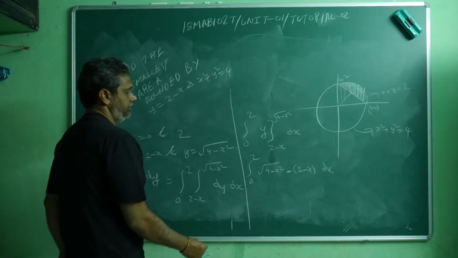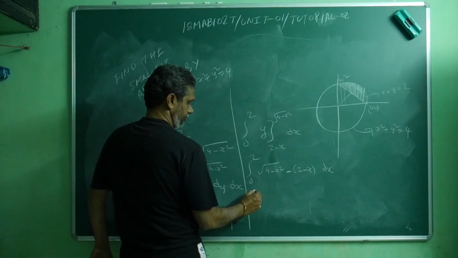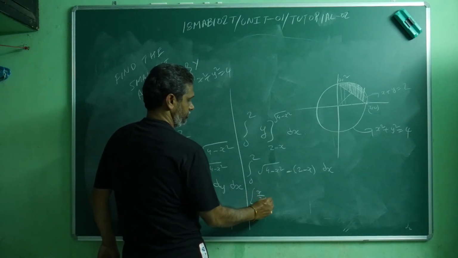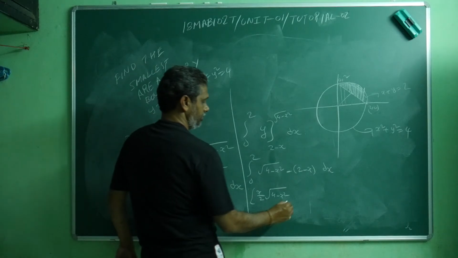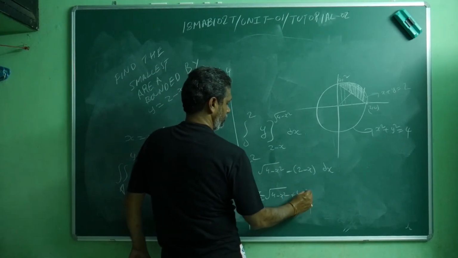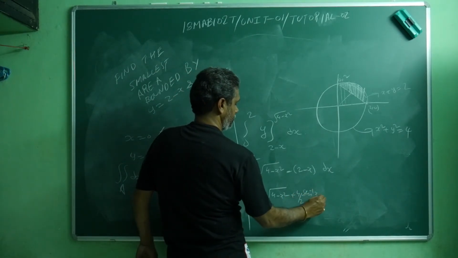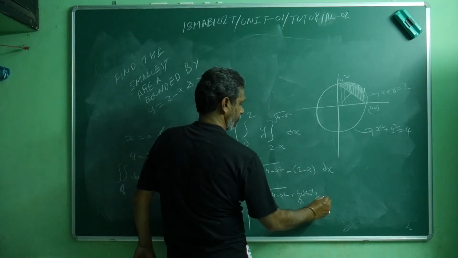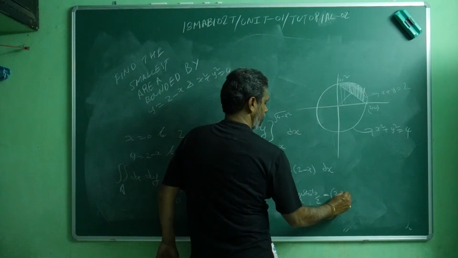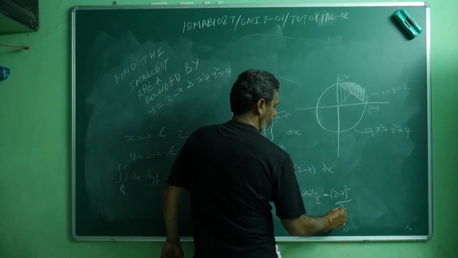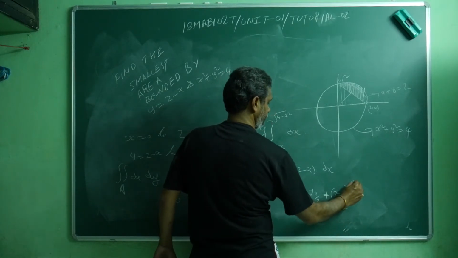Now again integrate: same thing, the formula x by 2 into root of a square minus x square, plus a square by 2 into sine inverse x by 2, minus of this. I will write it in linear form, 2 minus x whole square by 2, and with the minus it becomes plus.